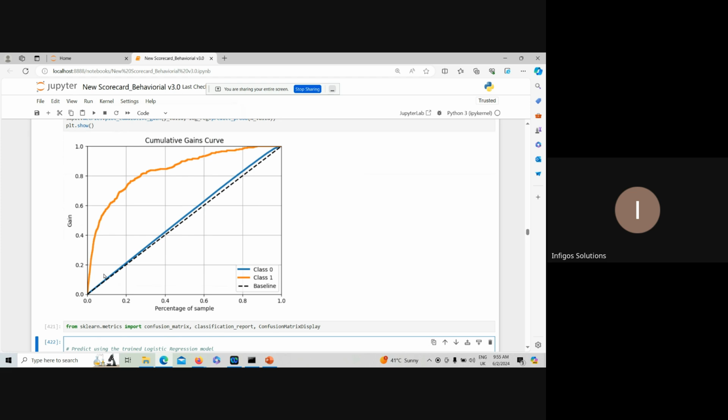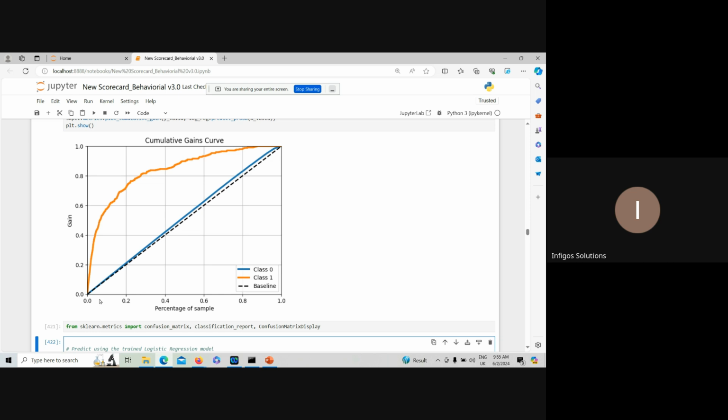If you make a model and sort your data from low to high probability, you will see how many events are coming in the first decile, second decile, third decile, fourth decile, up to the tenth decile. Based on that, you compare it with the random model. With the random model, 10% of the total events will come in the first decile.